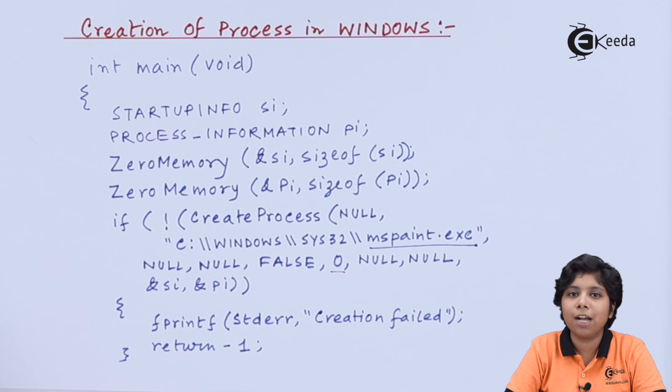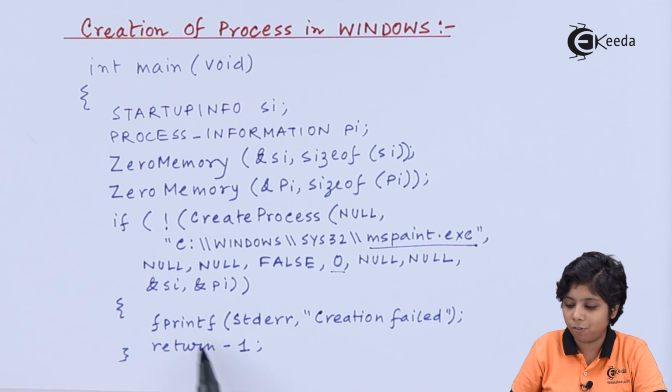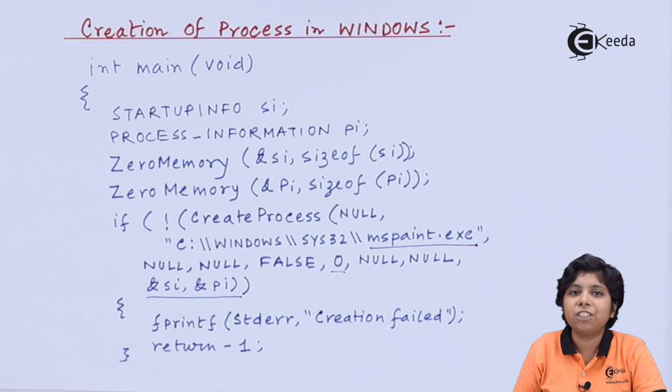Now the next two nulls specify that we are using the parent's environment and startup directories for the child process. And the last two parameters are the pointers to the instances of the startup info structure and the process information structure. Now if the creation fails, CreateProcess can do nothing but give an error message that the process creation failed, and it returns 0, while any number other than 0 is considered a successful creation.